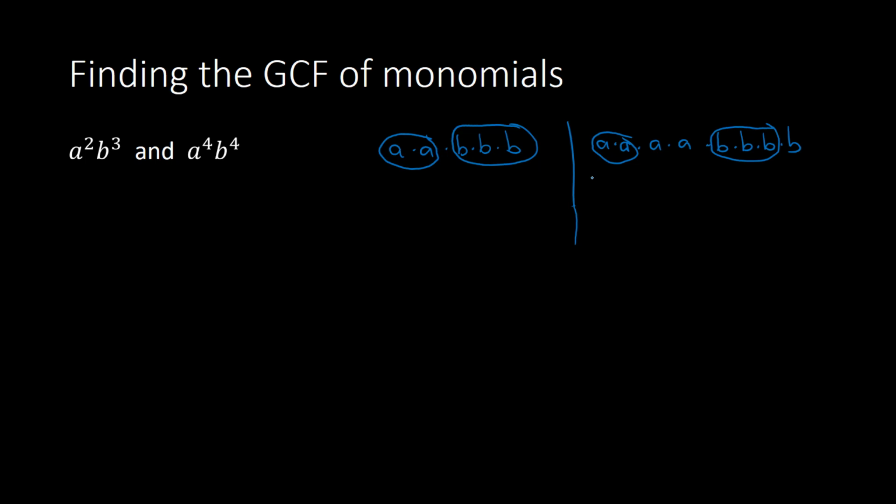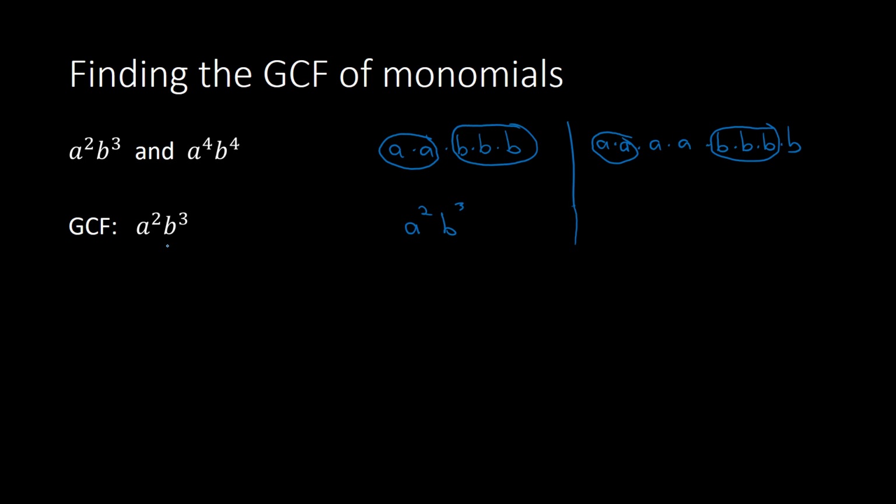So that is what they have in common, and put that together, we have 2 a's in common, so a times a, or a squared, and then 3 b's in common, so b times b, or b cubed. So the GCF would be a squared b cubed. You don't need to write it out like that, but it's maybe helpful to see what we're doing. But as long as we get the correct solution, we're good to go.